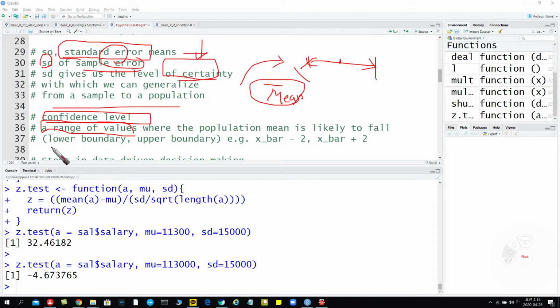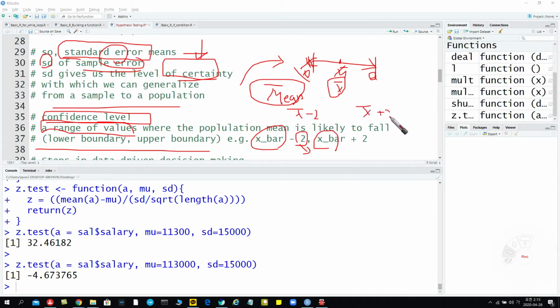So this one is a lower boundary. This is the mean, mu, or x bar in case of a sample, and this is the upper boundary. Example: x bar minus 2, or x bar plus 2. This is the confidence level.